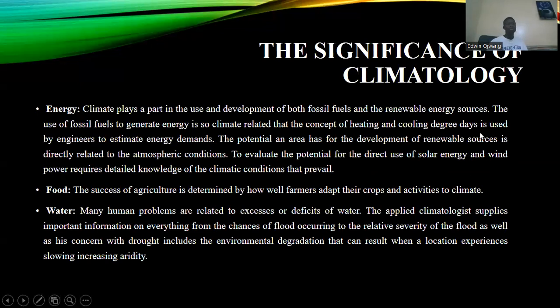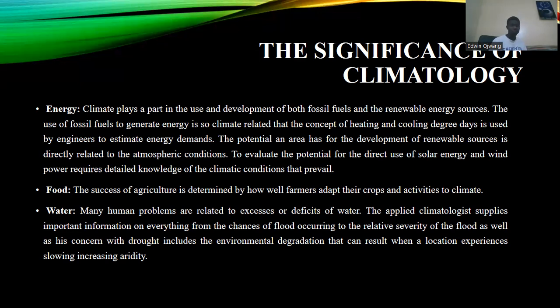And now let us look at the significance of climatology. What are some of the significances of climatology? Energy. Climate plays a part in the use and development of both fossil fuels and renewable energy sources. The use of fuels to generate energy is so climate related that the concept of heating and cooling degree days is used by engineers to estimate energy demands.